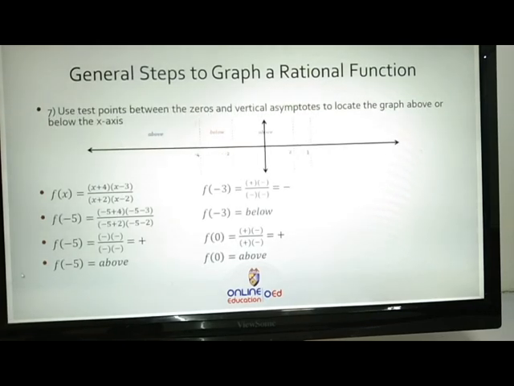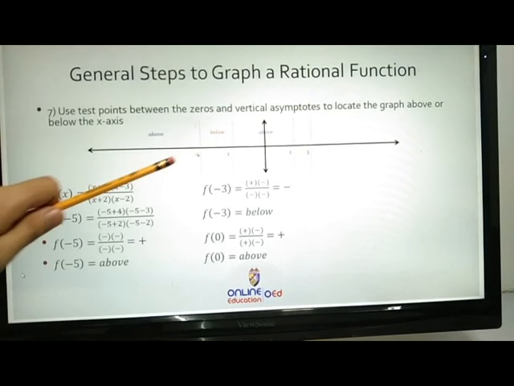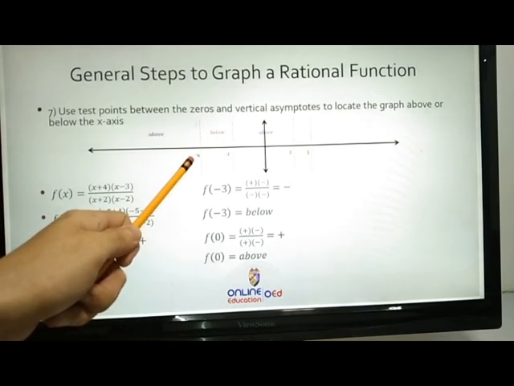Use test points between the zeros and vertical asymptotes to locate the graph above or below the x-axis. So, saan ba natin siya makikita, above or below? Okay, so first one to do is to plot an imaginary line using these factors. So, since x plus 4 to, plot ka ng negative 4.